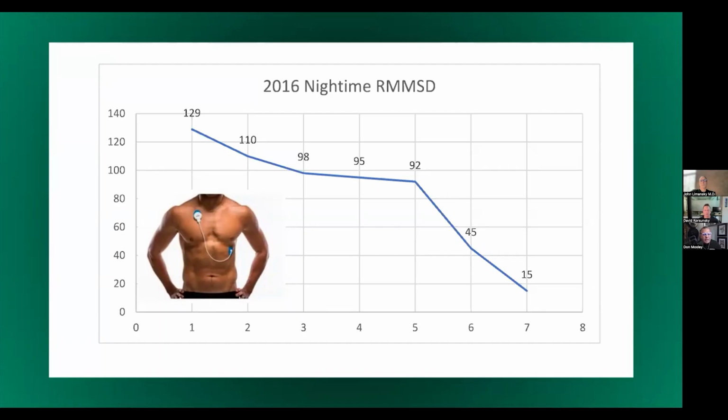Not all the guys on the team gave me access. But what you see is that from the 129 to the 92, those wrestlers were all All-Americans. The wrestler with 45 and 15 did not make All-American. So this was my first indication that resiliency and recovery contributes to performance.